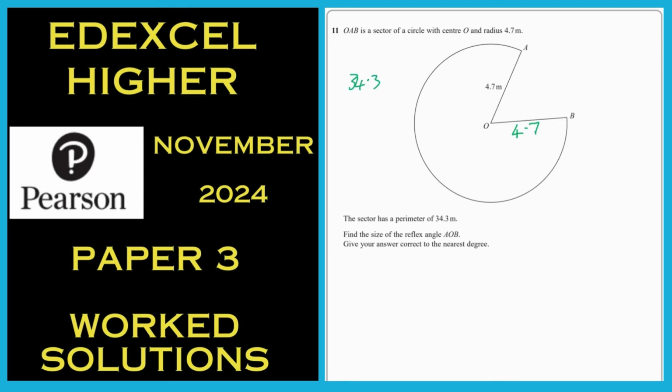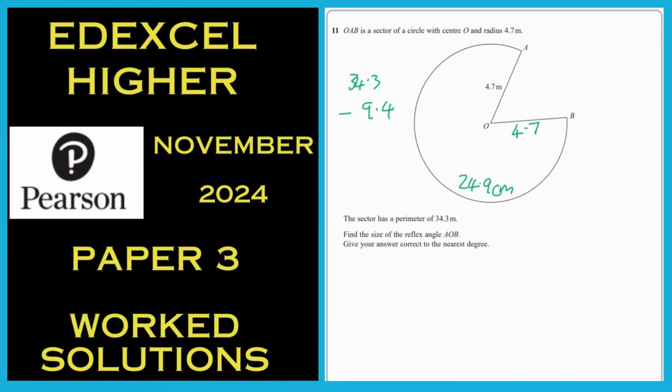What that means we can do is 34.3, take away the two 4.7s, which is 9.4. That tells us that the length of the arc is 24.9.